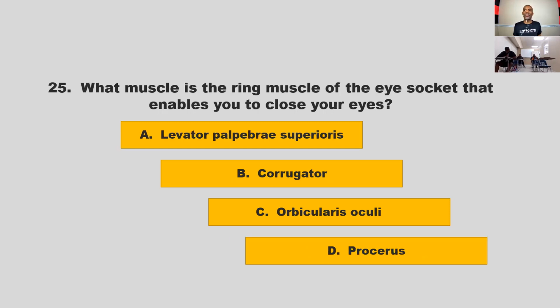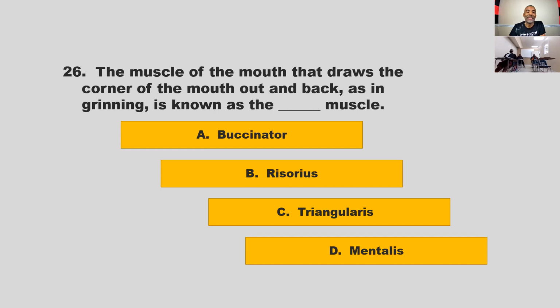So what muscle is the ring muscle of the eye socket that enables you to close your eyes? C. That is correct. I'm not even going to think because we all know it's with the O, orbicularis oculi. The muscle of the mouth that draws the corner of the mouth out and back, as in grinning, is known as the blank muscle.